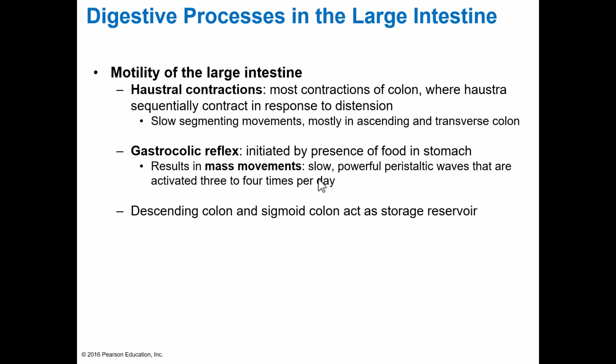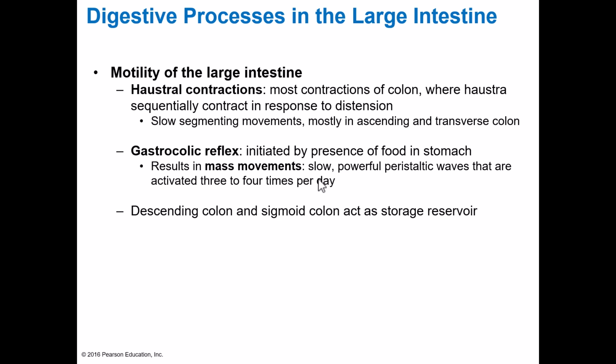So since we're doing propulsion, this large intestine has to be motile, right? It's got to be contracting and pushing all that stuff through to the rectum. So those haustra, those pouches, are going to contract and start moving things. There's also a reflex here, the gastrocolic reflex. Gastro meaning stomach, colic meaning colon.